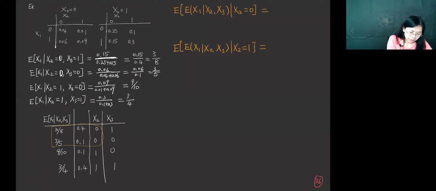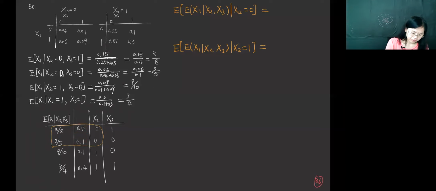Consider x2 equals 0 first. For x2 equals 0, we have two cases for E[X1 given x2 and x3]. It's in this circle. There are two values, 3/8 and 3/5, and their relative probability is given by the relative probabilities of 0.4 and 0.1.